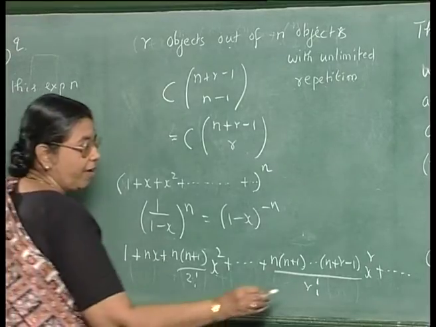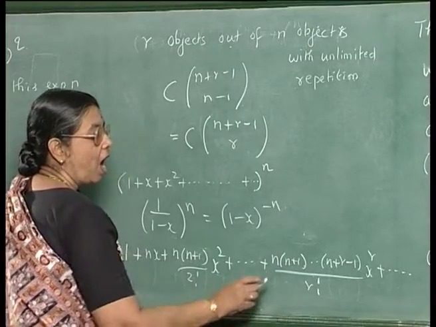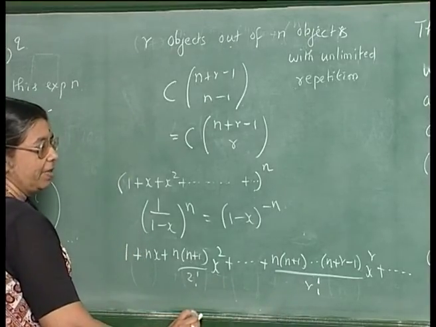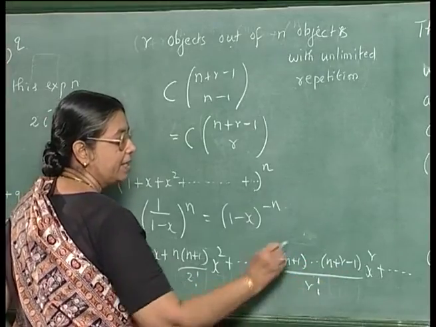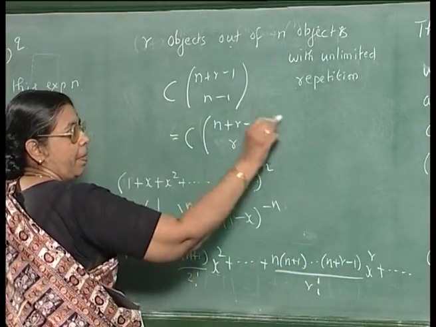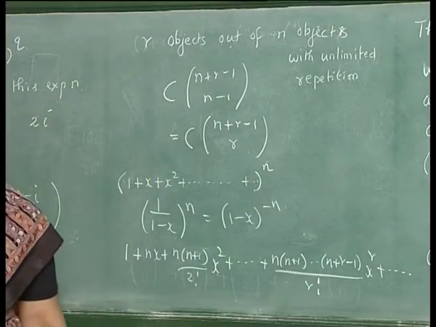Now, the coefficient of x power r will give you the number of ways of selecting r objects out of n objects with unlimited repetition, and this is nothing but C(n+r-1, r). This we have earlier seen by different arguments.